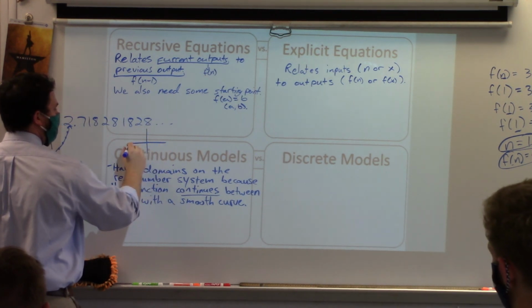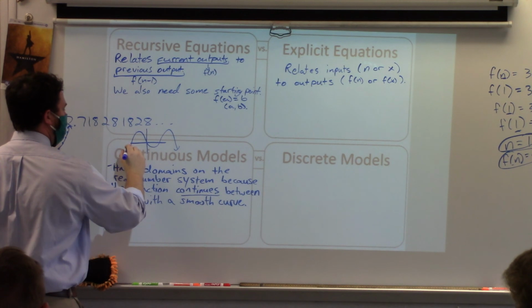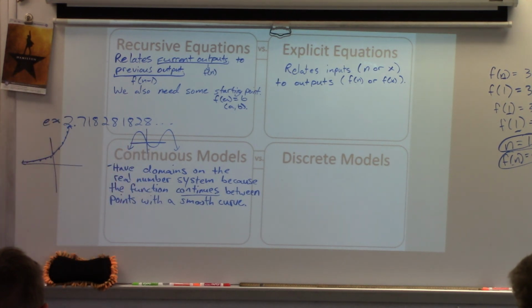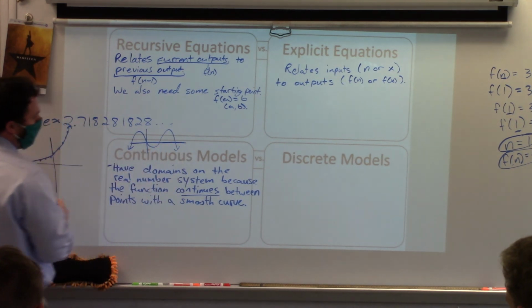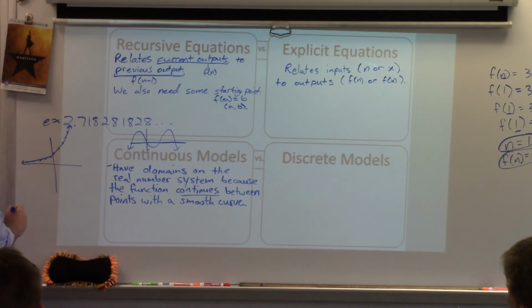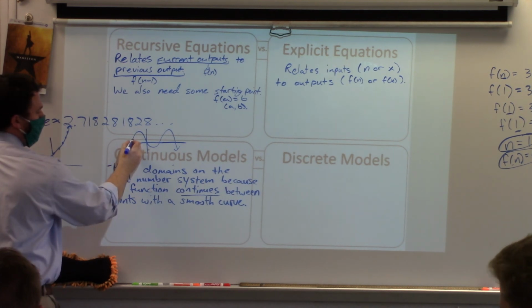Would this go under continuous or under discrete? It's neither. Why neither? It's not a smooth curve. It's not a smooth curve? It might be. I mean, so there's a point here, a point here.